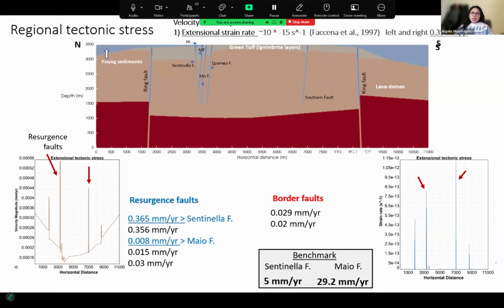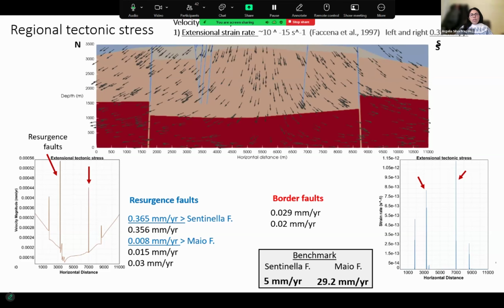So now here we have the first model that explores the effect of the tectonic stress. For this, I imposed a left and a right velocity of 0.35 millimeters per year of extension, which is equivalent to a well-known strain rate of 10^-15 per second.